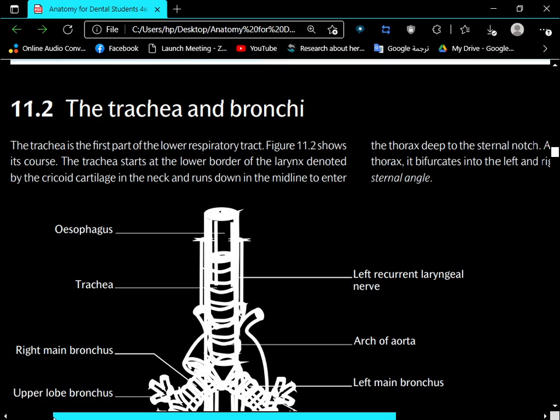The trachea and bronchi. The trachea is the first part of the lower respiratory tract. The figure shows its course.